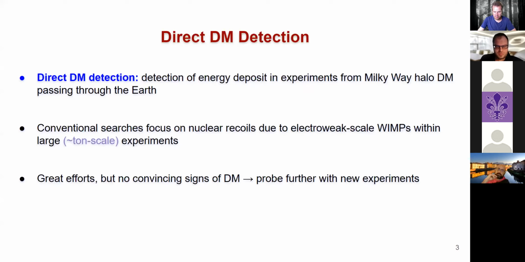As we all know, there have been many great efforts, but there's no convincing signal of dark matter, so the strategy is to probe farther with new, larger experiments.